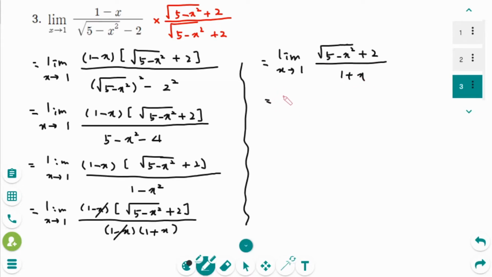And then put 1 into x, square root of 5 minus 1 squared plus 2 over 1 plus 1. So 5 minus 1 is 4, so square root of 4, which is 2, plus 2 over 2, so 4 over 2. The answer is 2.